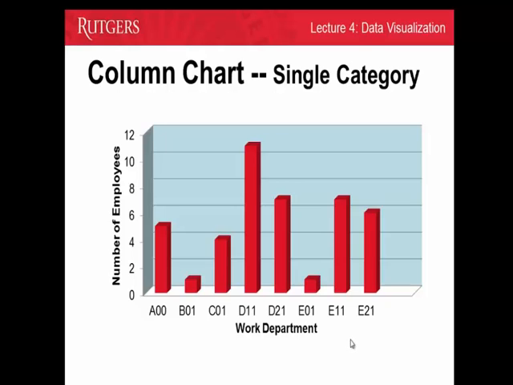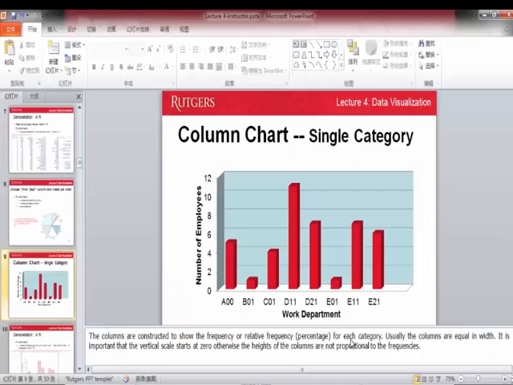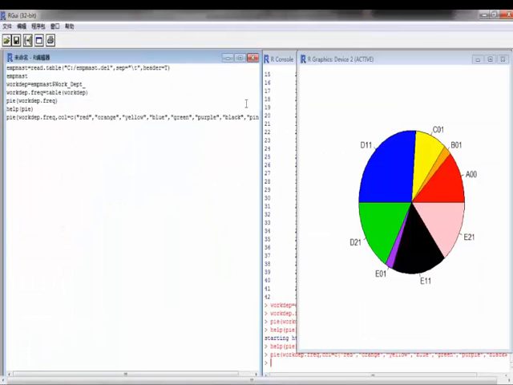And now I'm going to show you how to create this column chart in R. Okay, then let's open R. The command in R for the column chart is called barplot.